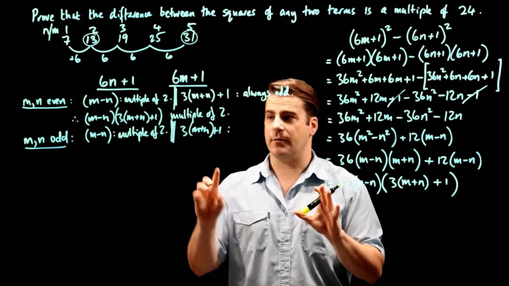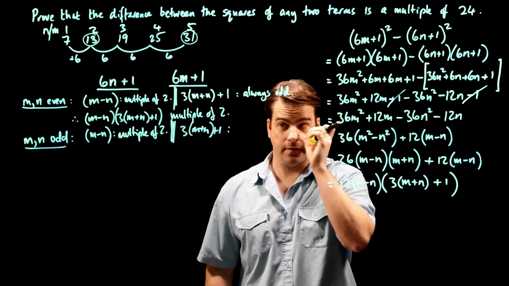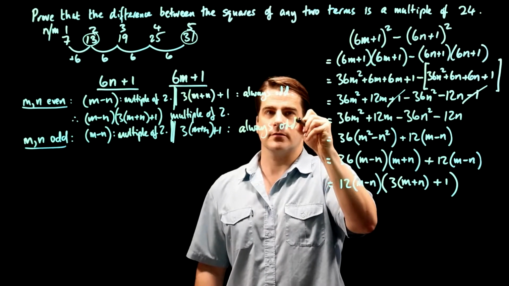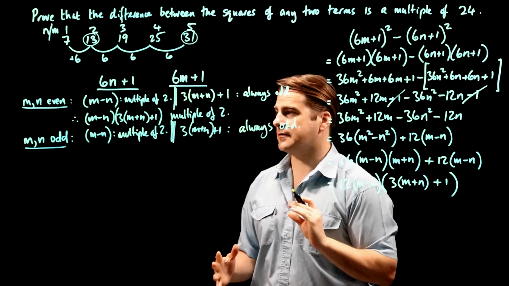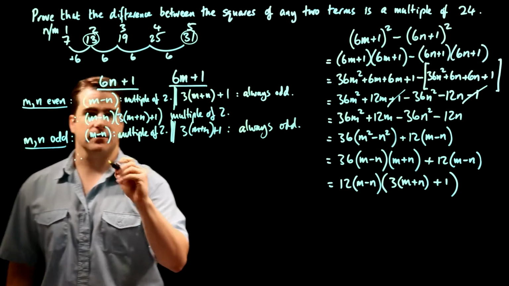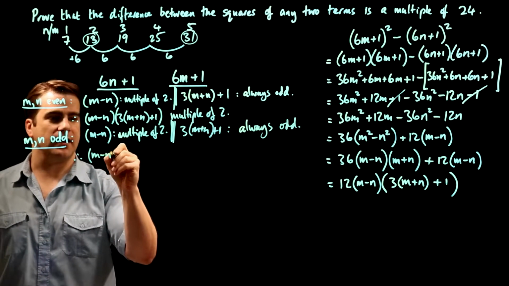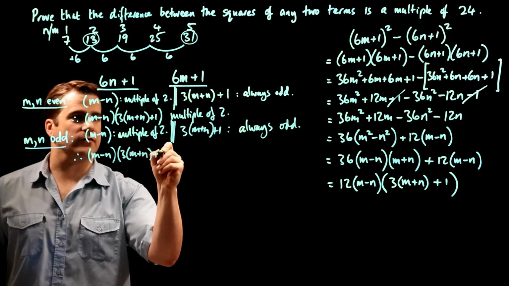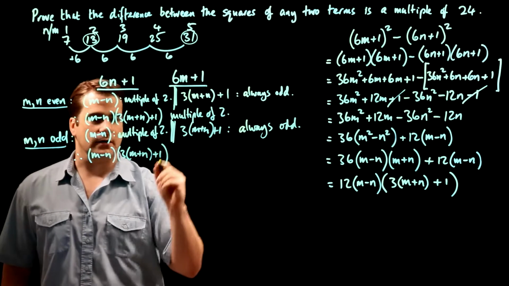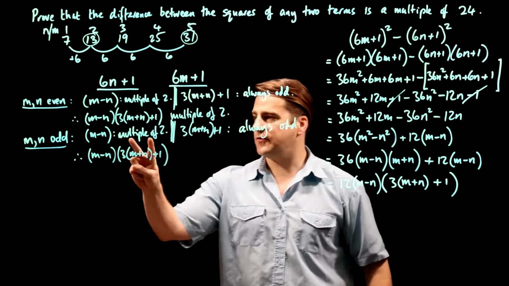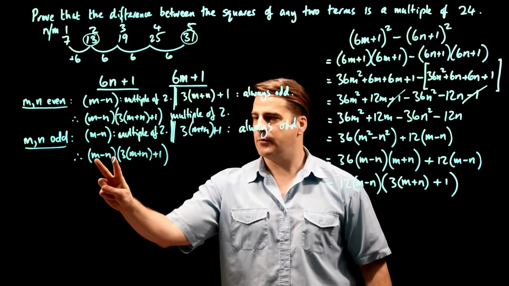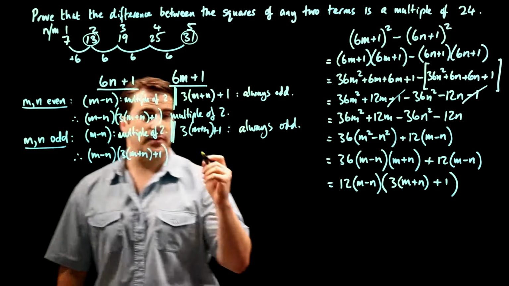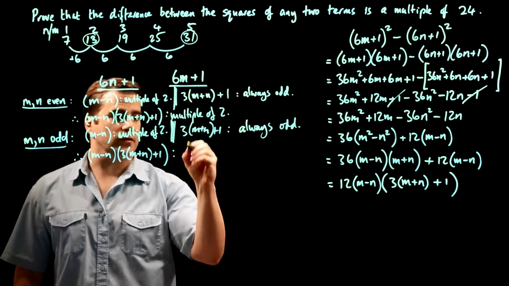Add 1 to it, it's always odd. Same situation, same conclusion. Therefore m minus n times 3m plus n plus 1: just to go over it again, we've got a multiple of 2 multiplied by something that's always odd. That's always going to be a multiple of 2.